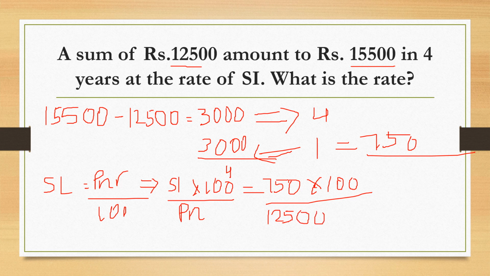N is 1. We can cut these two zeros. Now 750 can be solved by using 5. 5 into 150 is 750 and 5 into 25 is 125. So 150 by 25 is 6. 6% is the rate. R is 6%.